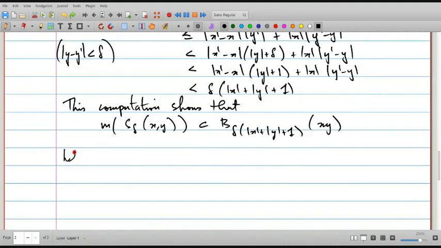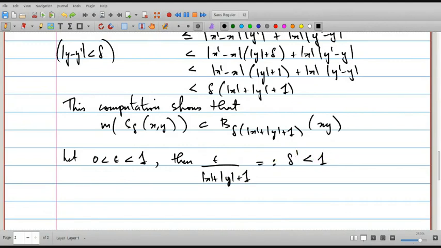So we let epsilon be between 0 and 1, then epsilon by mod x plus mod y plus 1, defined to be delta, is strictly less than 1.